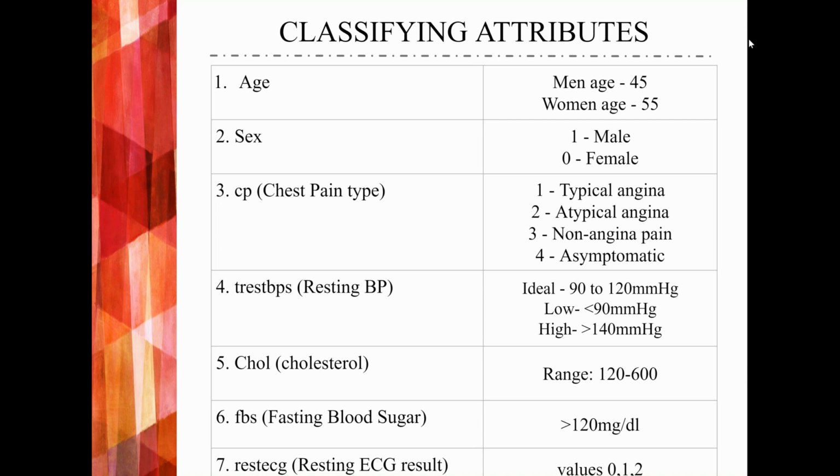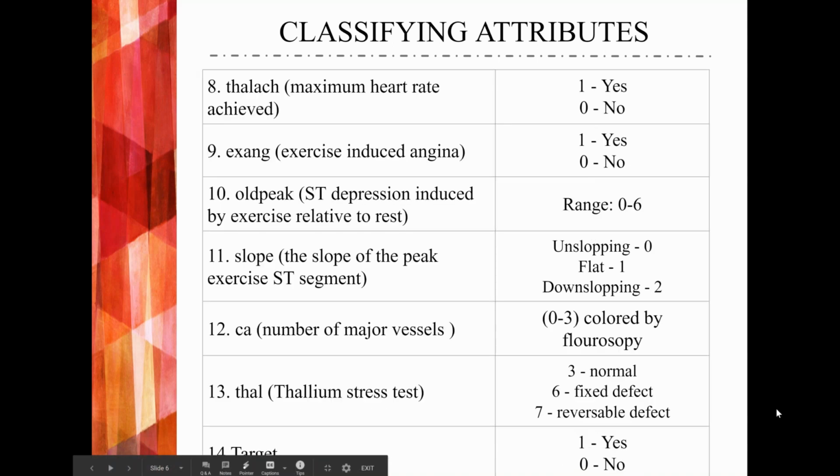Then resting ECG result. The resting ECG result can detect certain heart conditions like myocardial infarction, cardiac infarction, etc. Thalach, that is maximum heart rate achieved, is either 0 or 1.